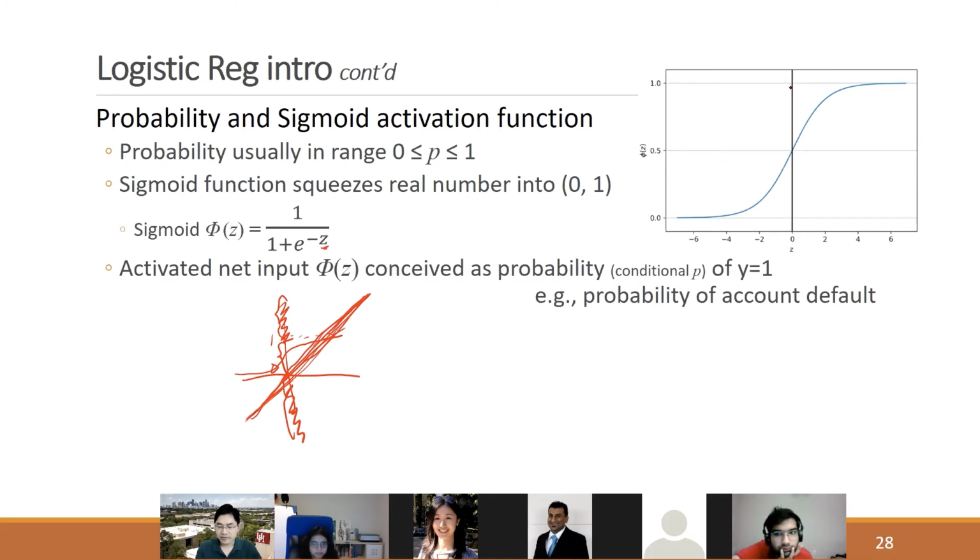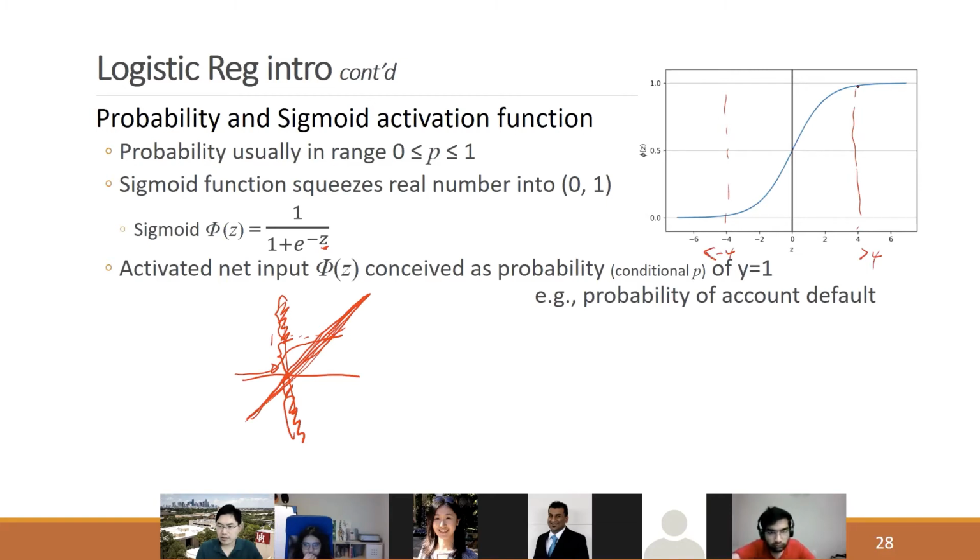But observe the behavior of this function for any value of the net input Z that's greater than 4 or smaller than -4.